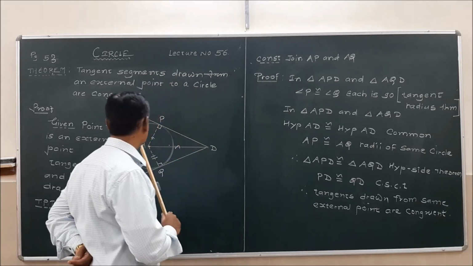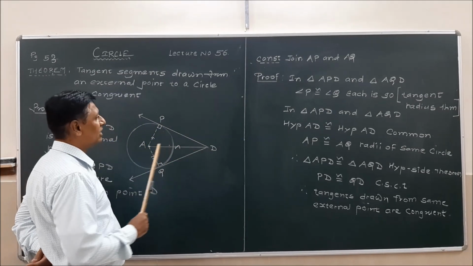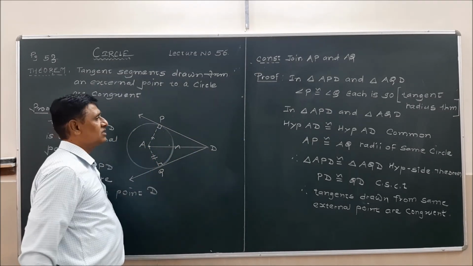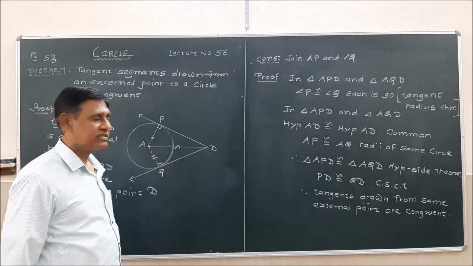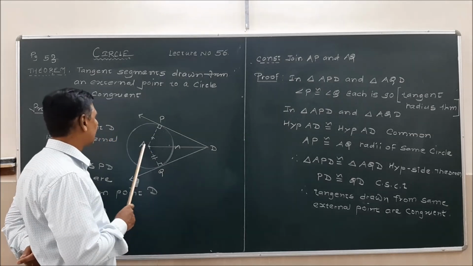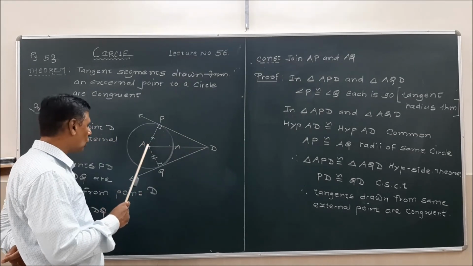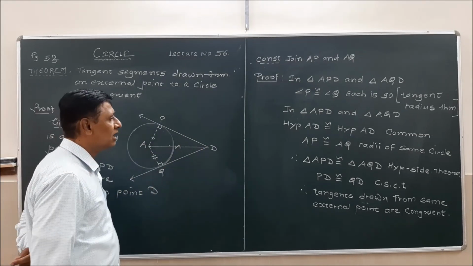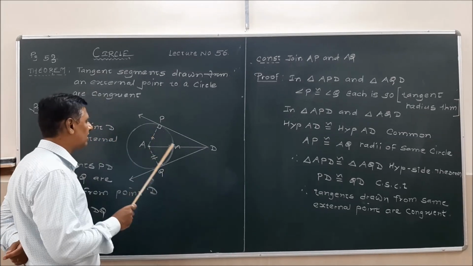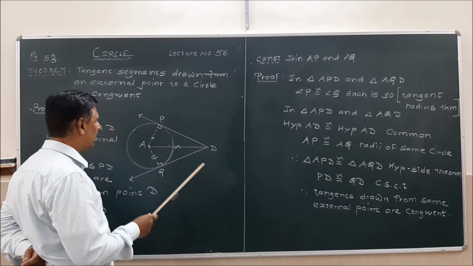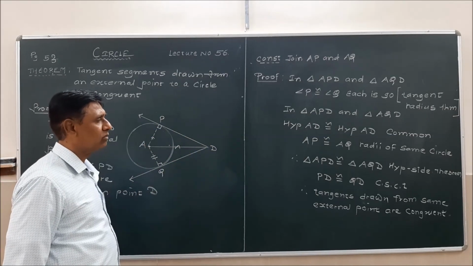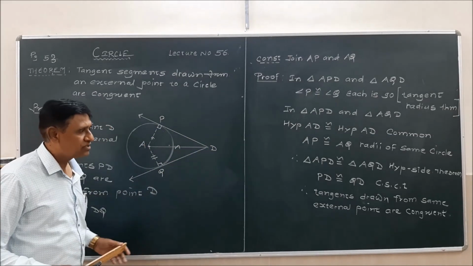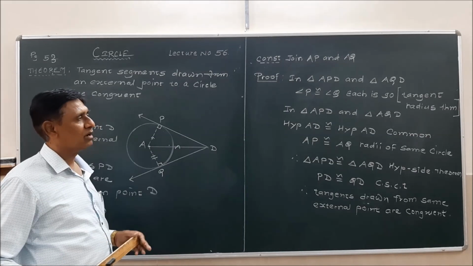Next, hypotenuse AD is common. AP is equal to AQ, radii of the same circle. Triangle APD is congruent to triangle AQD by the hypotenuse side theorem. Therefore, PD is equal to QD, corresponding sides of congruent triangles, and therefore tangents drawn from the same external point are congruent.